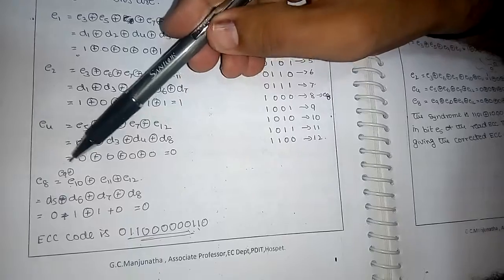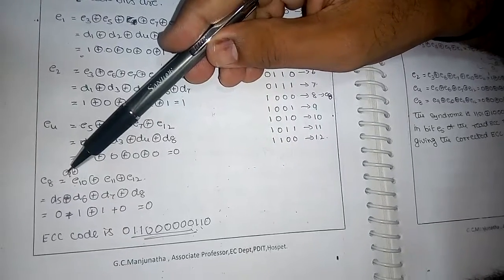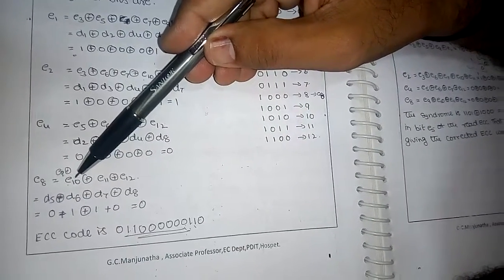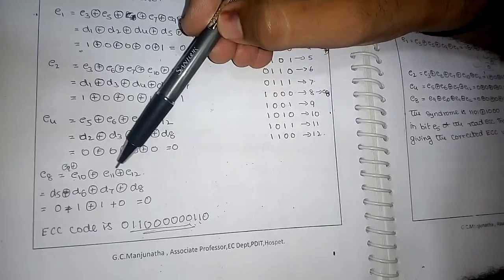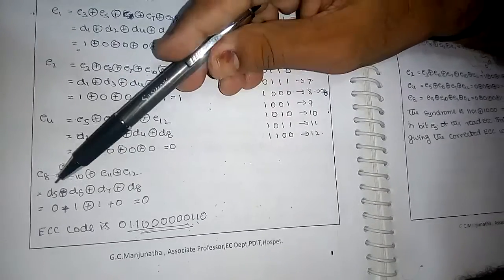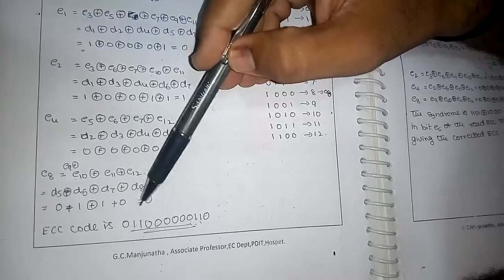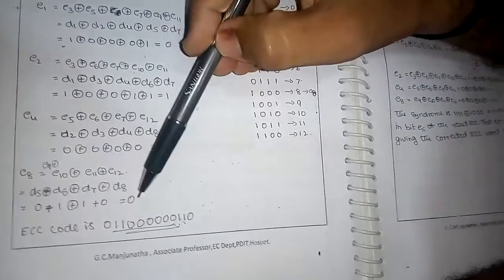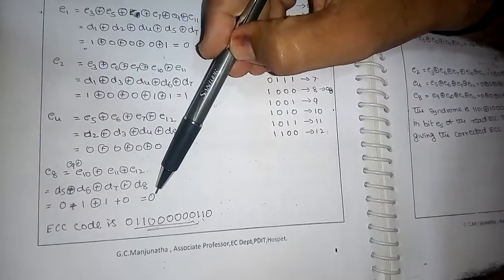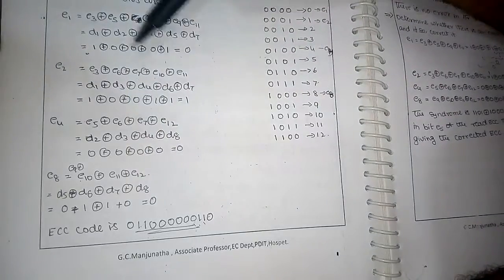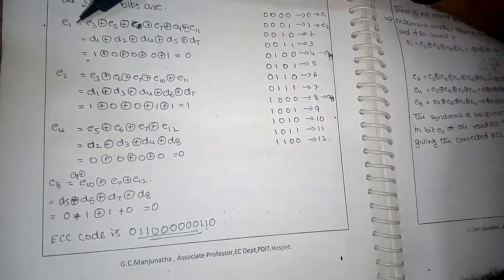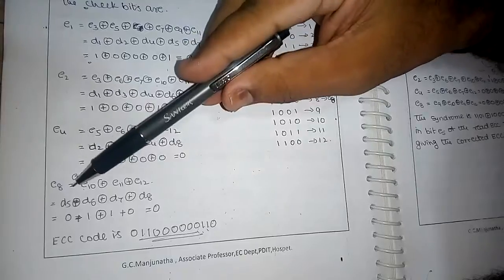Similarly, E8 is equal to E9 XOR E10 XOR E11 XOR E12. The corresponding values are placed, and we get the value 0, so E8 is 0.